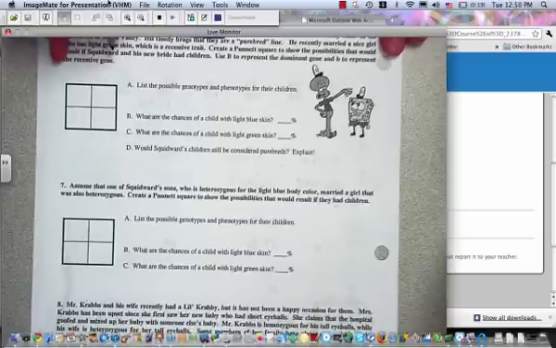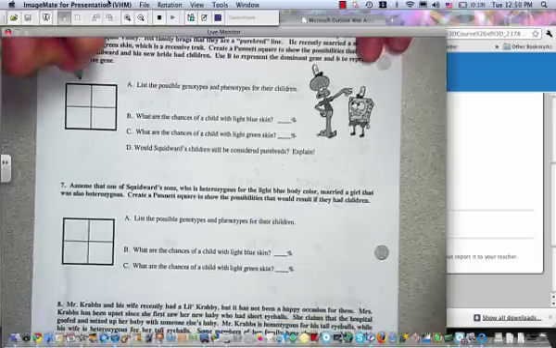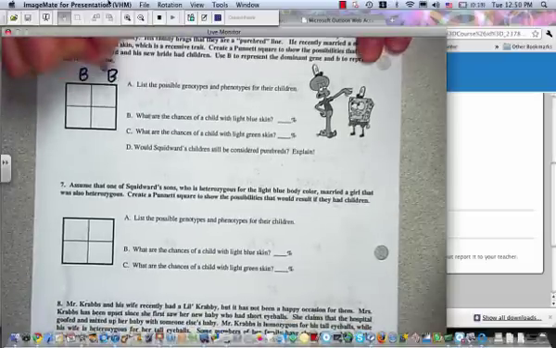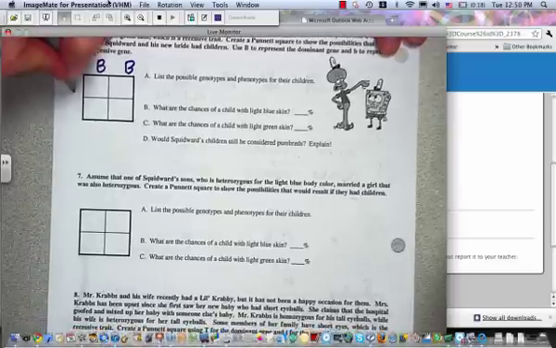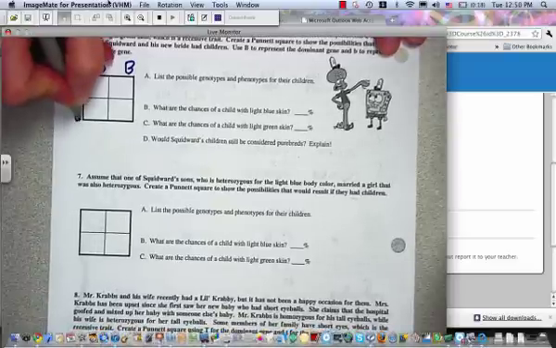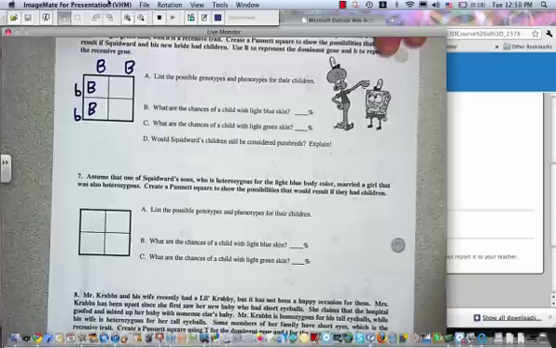Let's see what their children would be. Capital B's for Squidward, lowercase b's for his bride. Bringing his information down, remember keeping the capitals to the left.